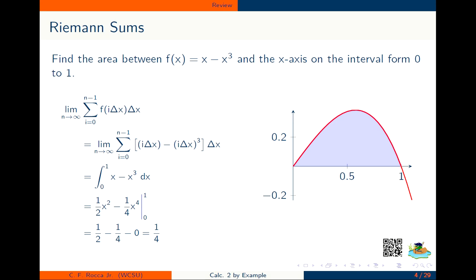Okay. So Riemann sums, these summations, give us an approximation of the area. And if we take the limit as the width of the rectangles goes to 0 and the number of rectangles goes to infinity, that summation becomes our definite integral. And that definite integral in this example gives us the exact area underneath the curve.